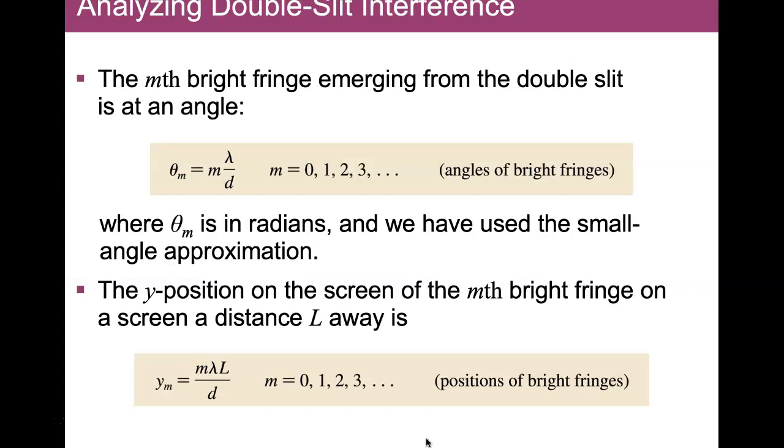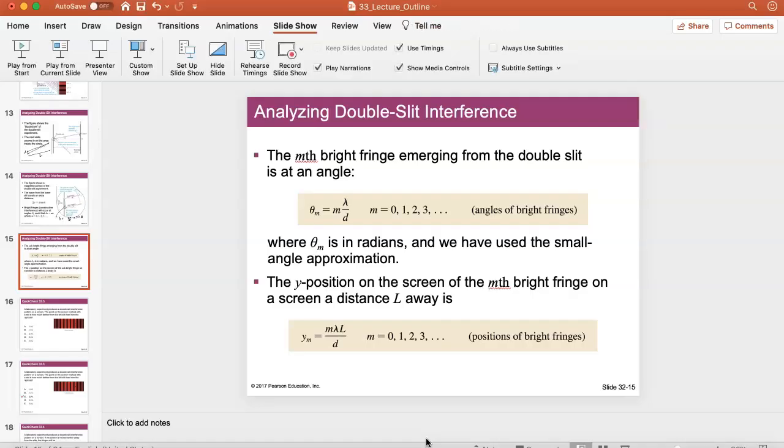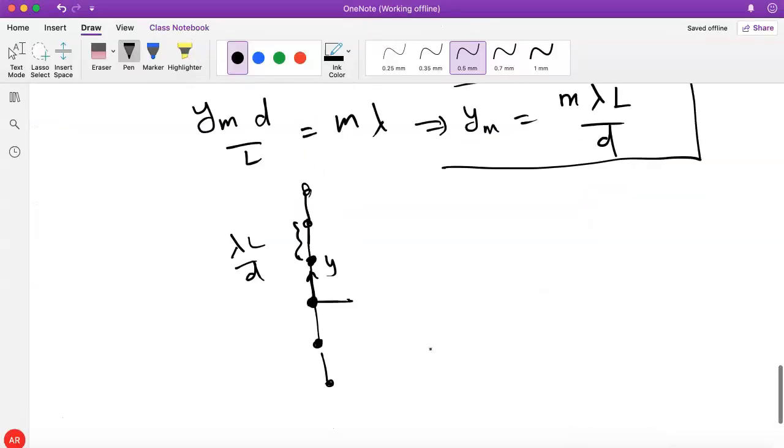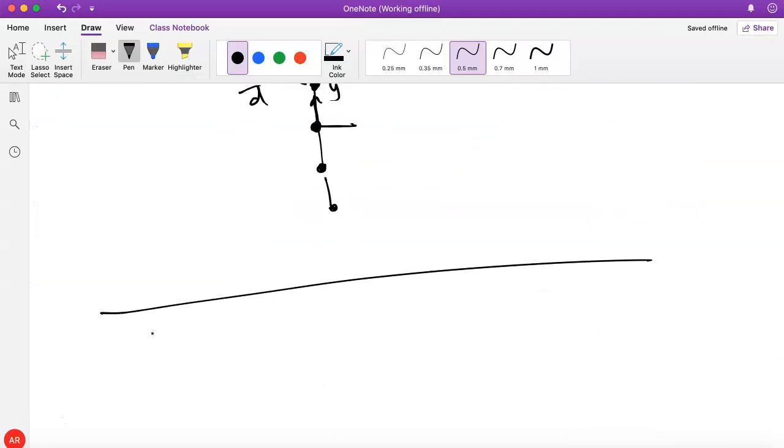So again, if L is really large, the y distance on the screen is much smaller than L, so we can approximate sine theta by theta. We end up with theta m is... let me do it slowly here in the notes. So that was one approach, the geometric approach.